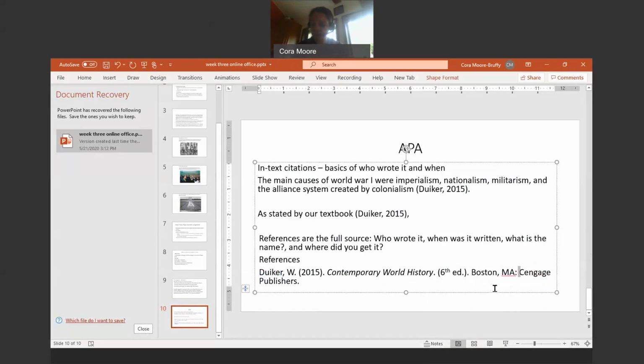Who wrote it? What's the date? What is it? Where did you get it? That's what's changing, is our where did you get it information. And since we didn't get it online, we have the actual hard copy textbook in hand, then the where did you get it is going to be the city, the state, and then who the publishers are. So like, actually Boston, Massachusetts for Cengage. I believe it is, but I'm just trying to show you how to do that example.